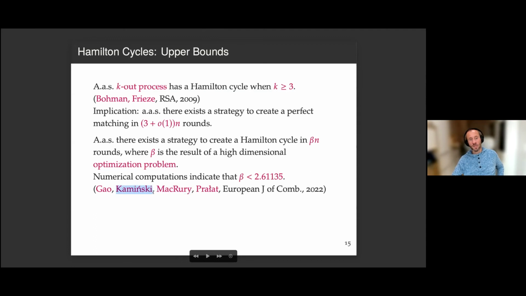But we also asked my friend Bogumił Kamiński, who is an expert in numerical methods, operations research and whatnot, because in order to get our upper bound, we had a very sophisticated high-dimensional optimization problem to solve, and we were hoping that he can help us to solve it.